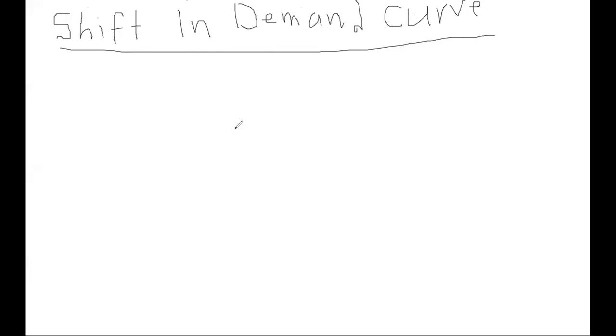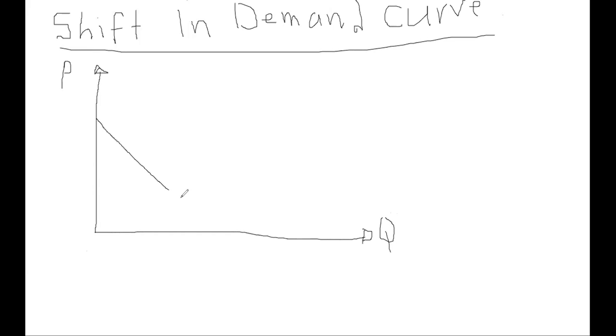We have already explained this when we said shift in demand curve. It's about increase or decrease in demand. So the best way is to visualize it. Let's say this is our demand curve. We have the price on our vertical axis, and the quantity on our horizontal axis. Let's assume this is our original demand curve.